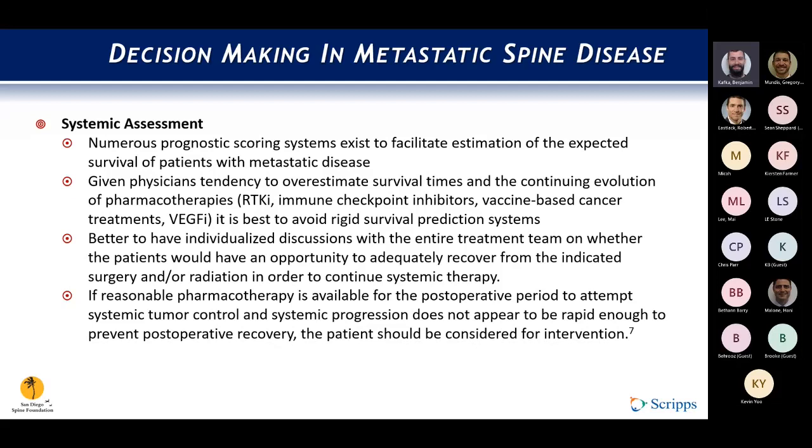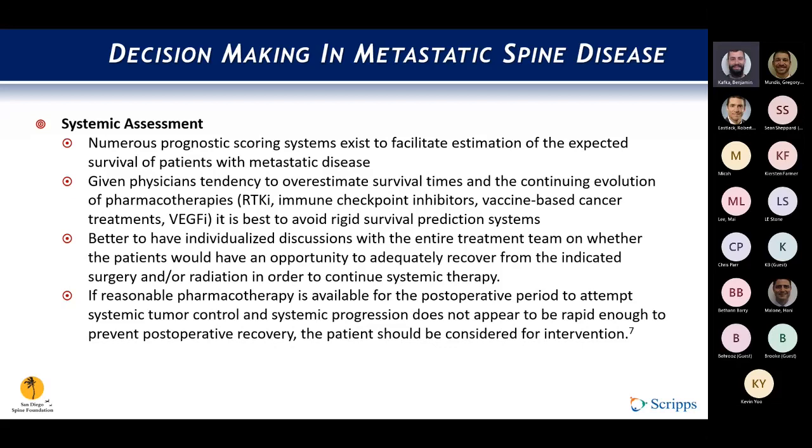And then there are continuing therapies such as receptor tyrosine kinase inhibitors, immune checkpoint inhibitors, vaccine-based cancer treatments, and vascular endothelial growth factor inhibitors. And so it's best to avoid rigid survival prediction systems because these are constantly changing and altering the expected life expectancy.